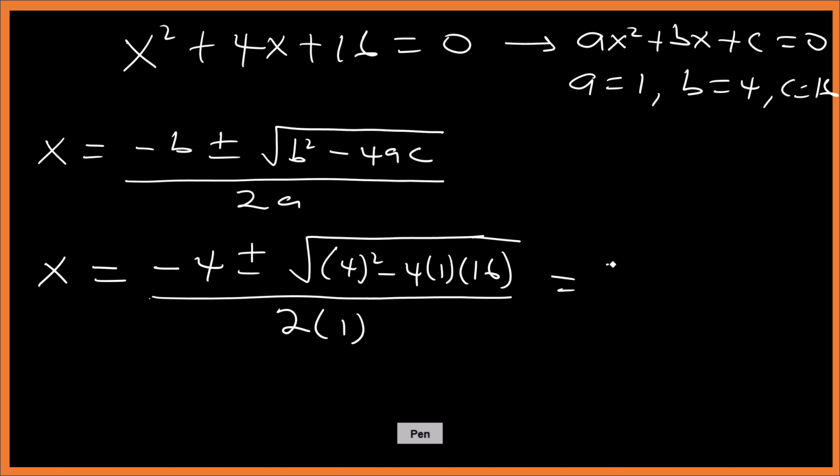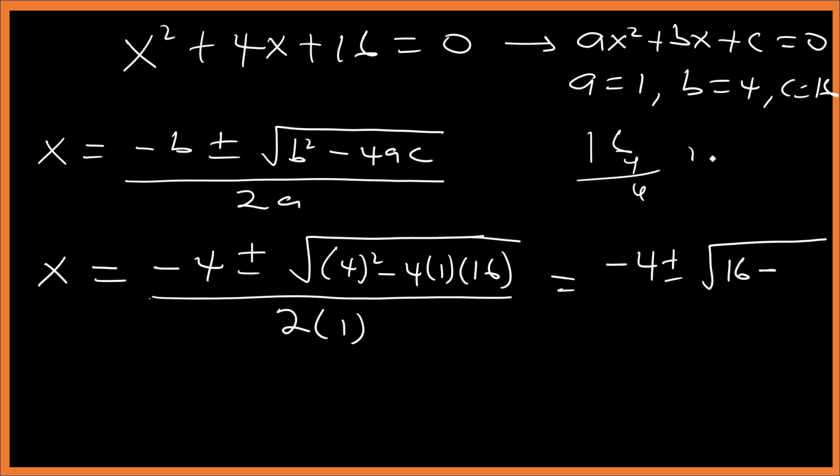So minus 4 plus or minus square root of 4 squared, 16, minus 4 times 16 times 1, which is 64, on 2.